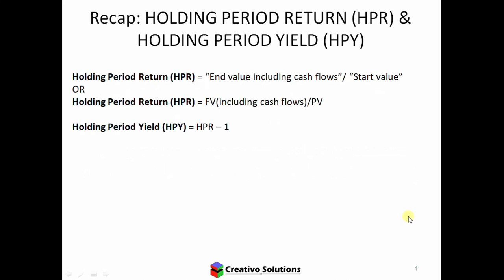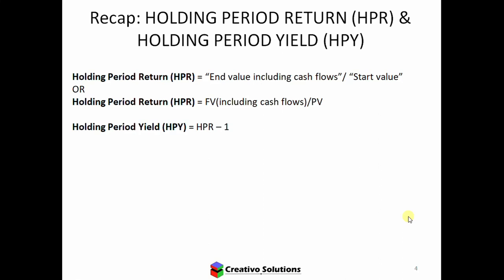We also spoke about holding period returns and yields. Just remember, when looking specifically at investment management, you're going to be investing capital in various assets, and those assets are going to hopefully generate a return on investment, a positive return on investment. So when you're looking at your holding period yield or your holding period return, these measures identify the actual amount of return that you're generating for that particular period of time.